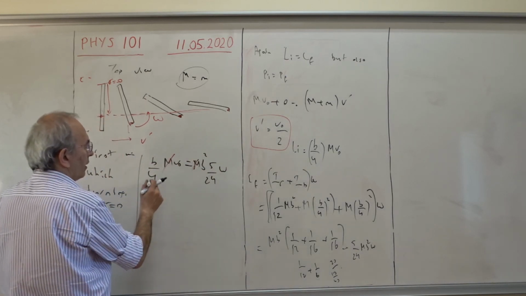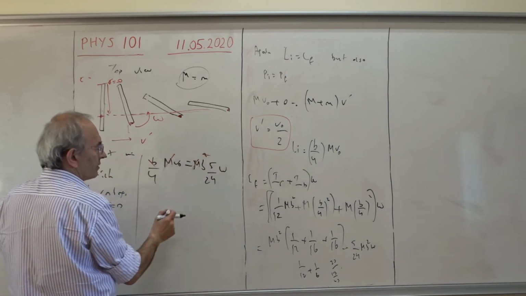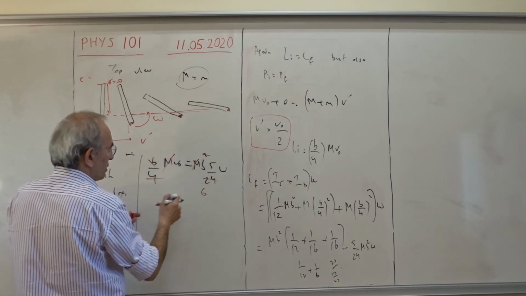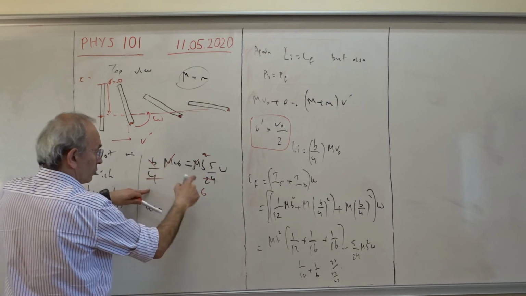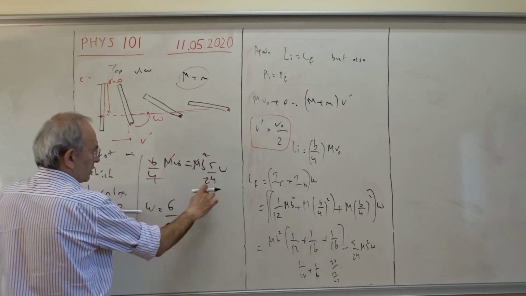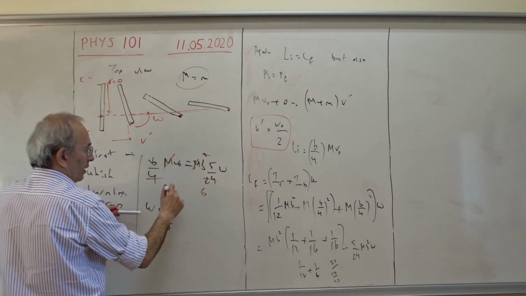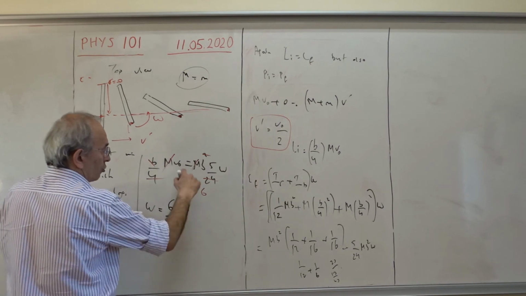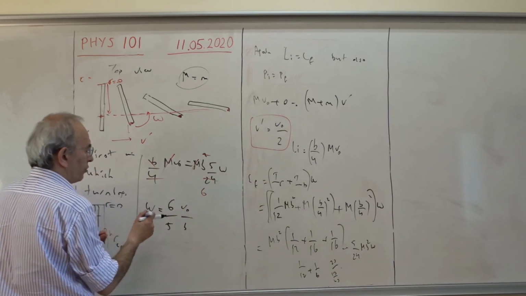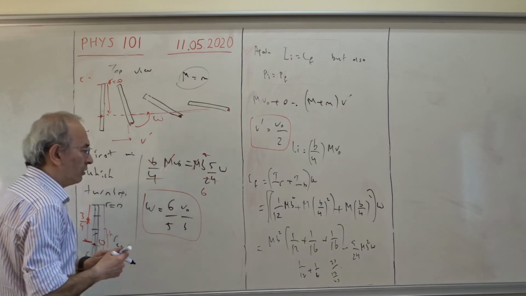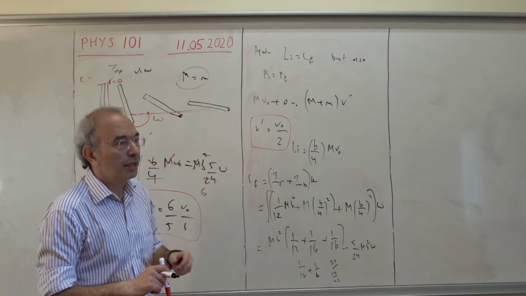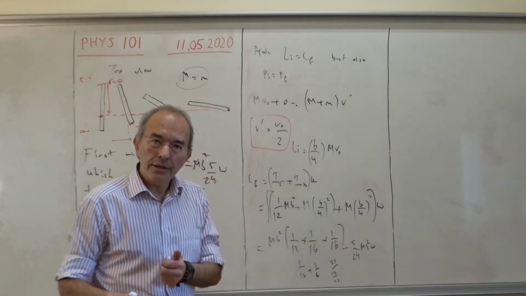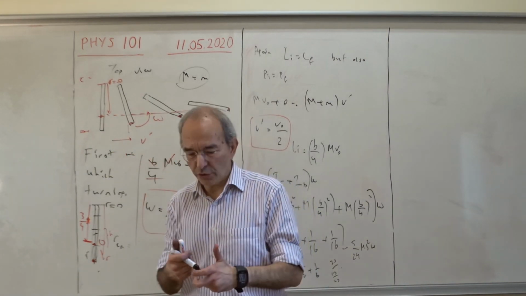The m's cancel, one of the b's will cancel, this will be 6, so omega will be 6 over 5 V0 over b. So this will be the final omega value with respect to V0. On the other hand, this is the linear speed of the center of mass of this combination.